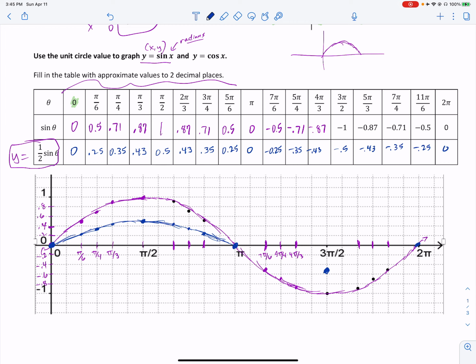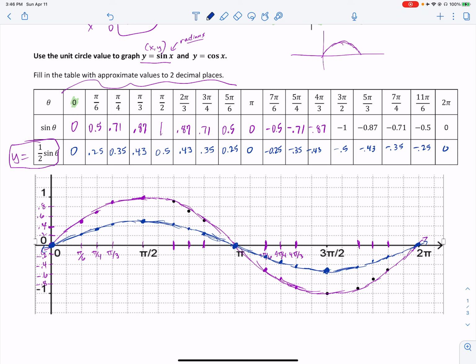We're at 0.25, negative 0.25, negative 0.35, negative 0.43, and then 1/2. And those values are being repeated, but in reverse order. And so then we plot, and there we have a graph of one cycle, what we'll say one period of y equals 1/2 sine theta. And it would continue on both to the left and to the right.